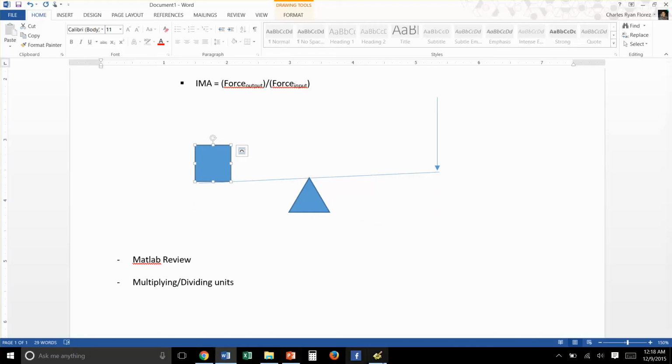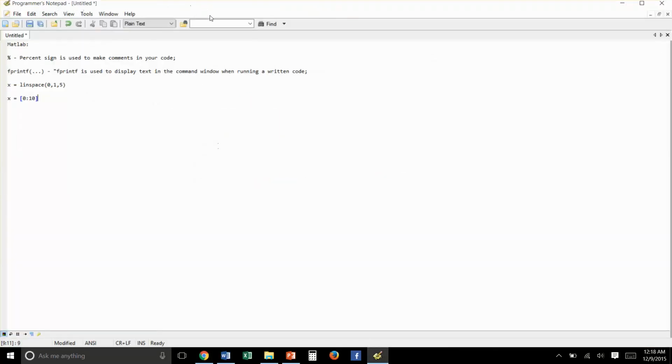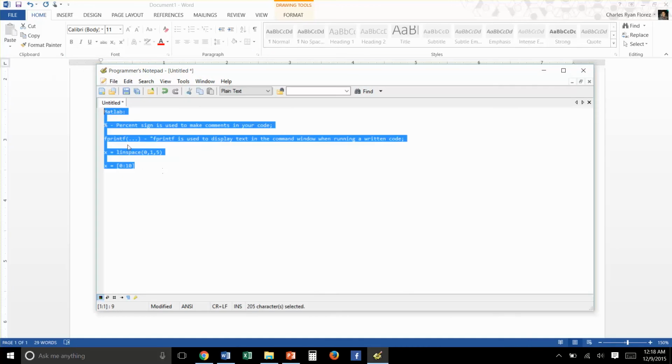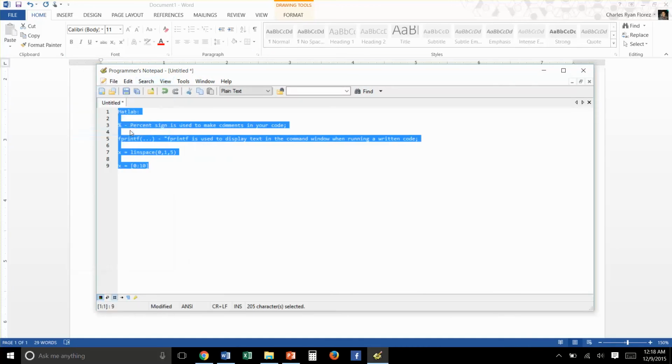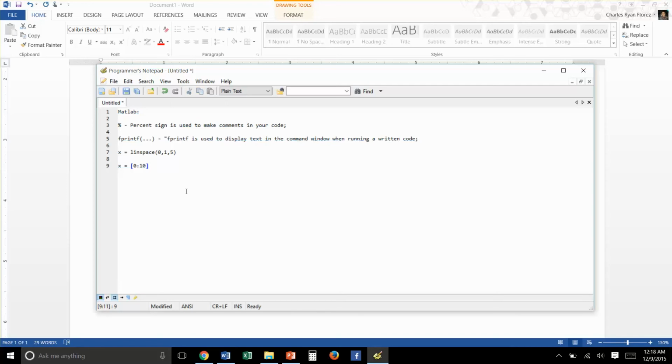As far as Matlab goes, what I would recommend you remember is a few things. So remember that, one, a percent sign is used to make comments in your code.